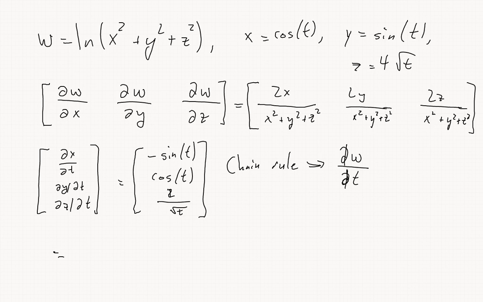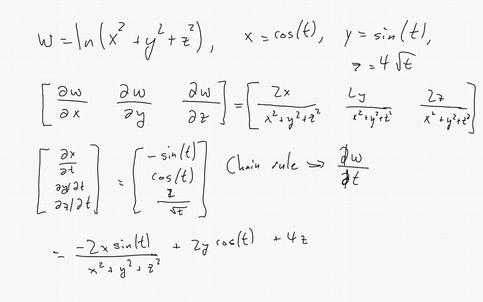This will be negative 2x sine t over x squared plus y squared plus z squared, plus 2y cos t, plus 4z, all over x squared plus y squared plus z squared. This one is over, or z over root t.